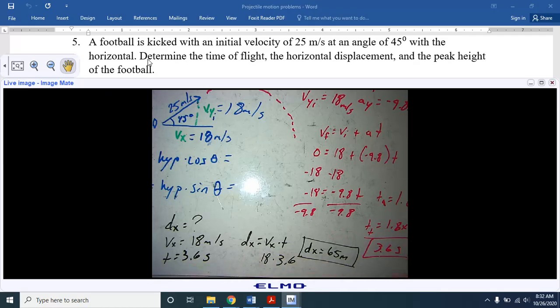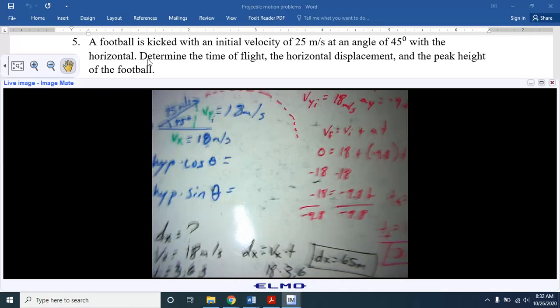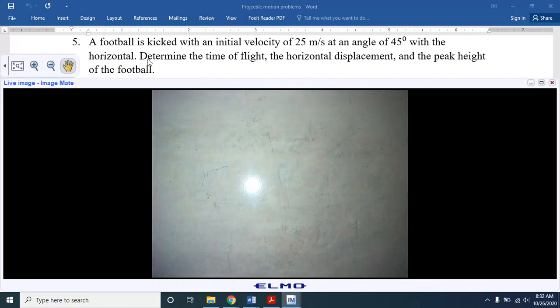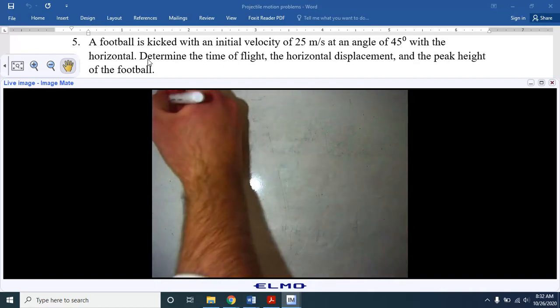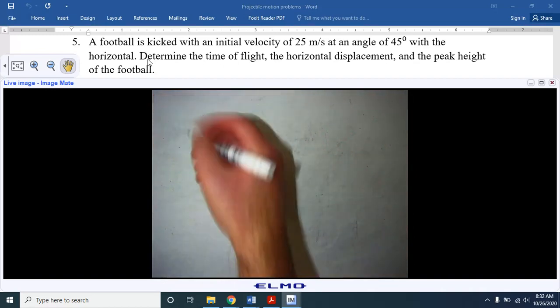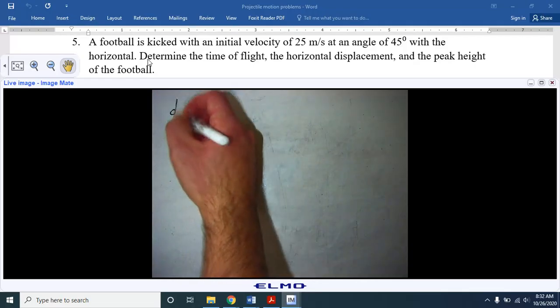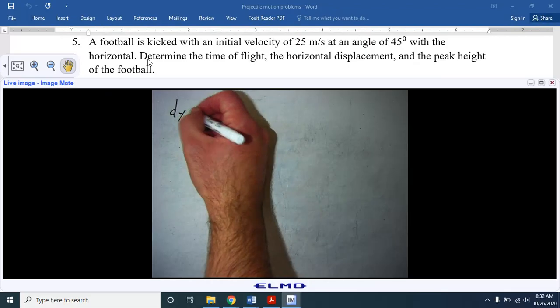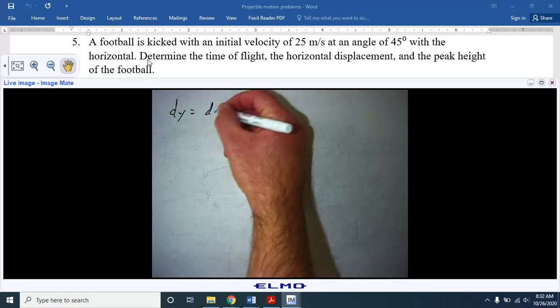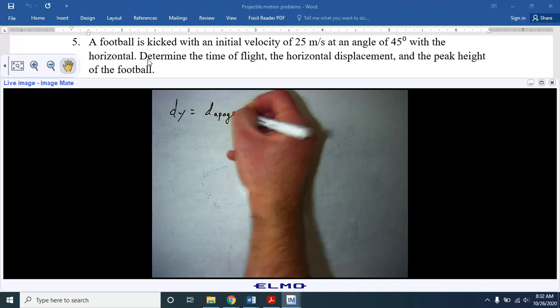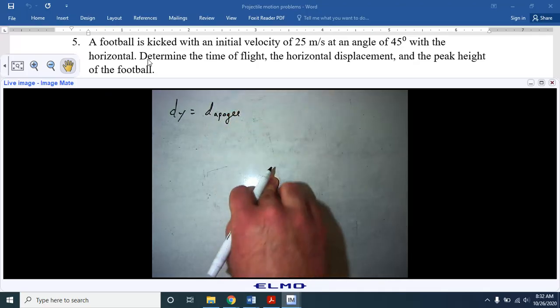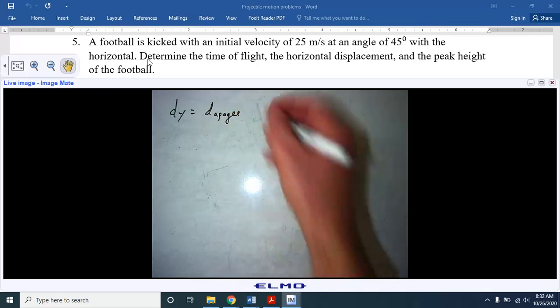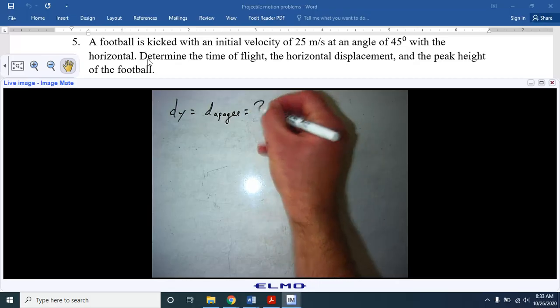The last part is I need to solve for, it says the peak height. So I'm solving for dy. And this is really the distance to apogee. So that's what I'm solving for.